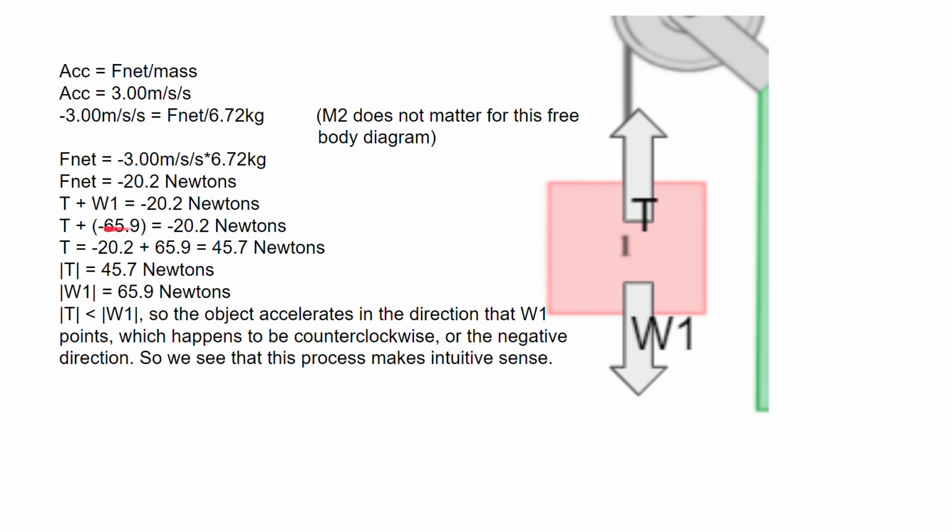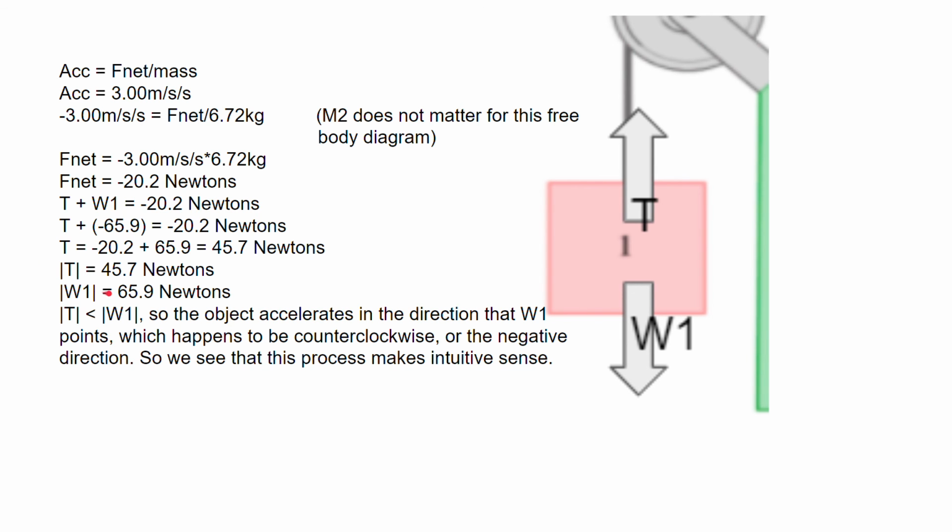And since we know what W is equal to, we can add that together to find that the tension is only 45.7 newtons, which again makes the difference between these negative 20.2 newtons, or 20.2 newtons in the downwards direction. And so the magnitude of tension is 45.7 newtons.